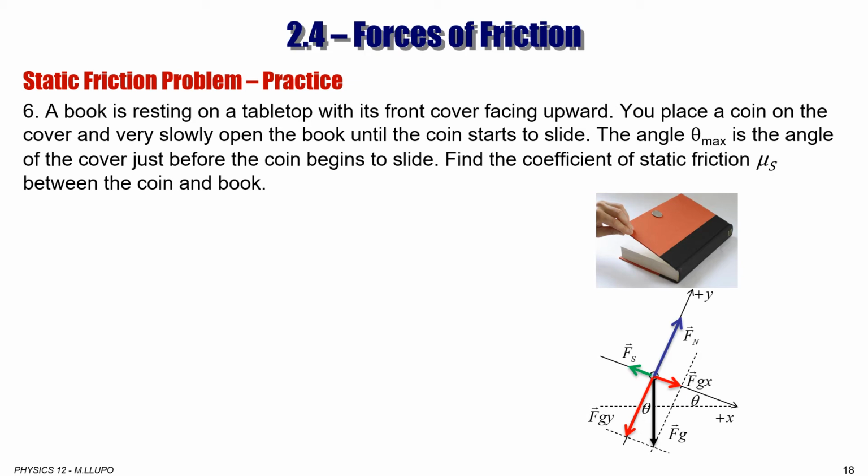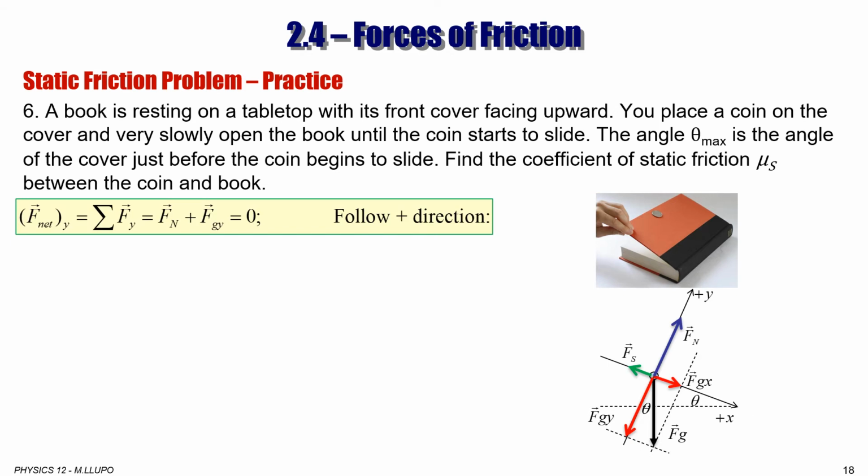Since the coin is not moving, the magnitudes of those two forces have to be the same. That's how we draw the free body diagram, and then we continue with applying Newton's law on both axes.